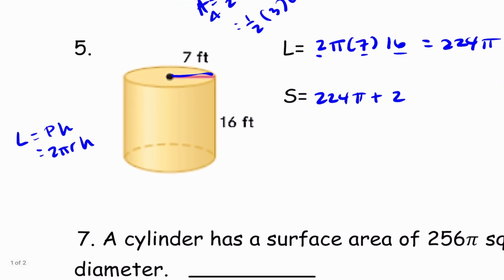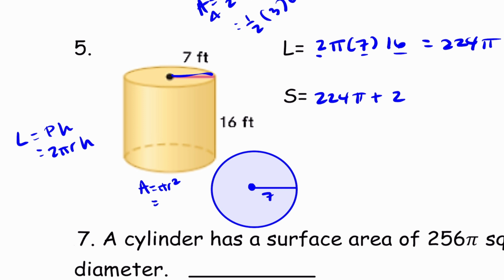The base is a circle, so we're going to find the area of the circle. Oops. I was trying to draw a circle, but I didn't do a good job doing that. Here we go. We have this circle has a radius of 7, right? So it's A equals pi r squared for this one. So you should have 49 pi.